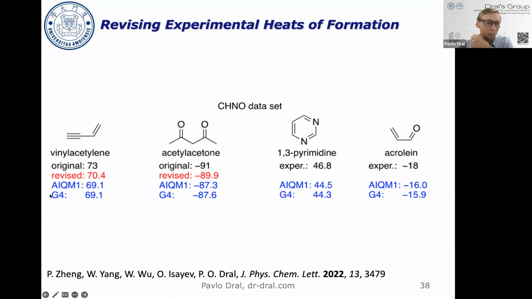And another method which is completely independent, like this G4 method, gives similar results, there is a good chance that this number is more or less correct, because different methods give you similar results, so you have more confidence, right? So you should probably compare several good methods, and if they start to disagree, then you probably don't trust them. But if they agree with each other, there is a good chance that they are more reliable than experiment.